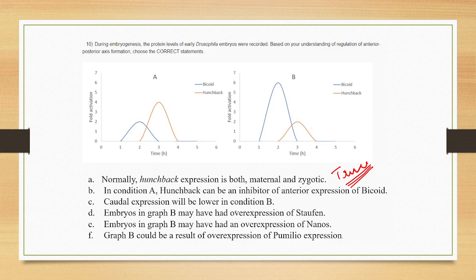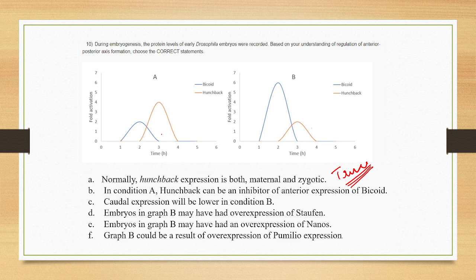Hunchback can be taken as a gap gene as well as a maternal gene. All the gap genes are zygotic genes except for hunchback, because although hunchback is also a gap gene, it can also come under the category of maternal gene because it is present before the fertilization has taken place. Although its level is the same, it is there.